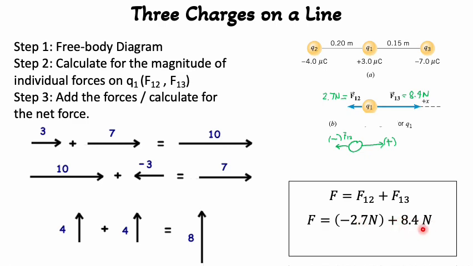Plus 8.4 Newton. So it is positive because the direction of this force is going to the right. Okay? And then apply mathematical operations, you will get the value of 5.7. So that is the net force that charge 1 is experiencing because of the presence of these two other charges.